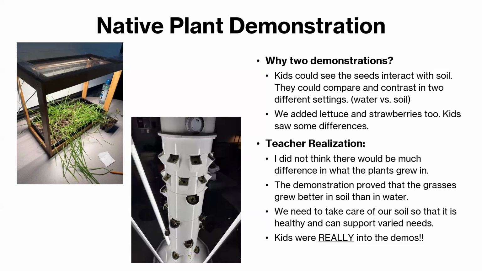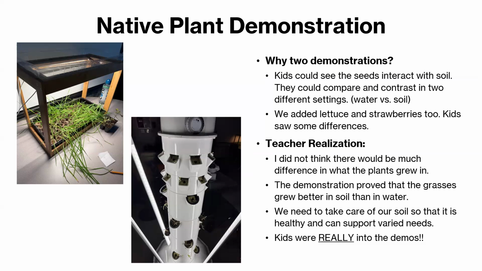We added things like lettuce and strawberries to the hydro garden so that they could see, as far as human consumption, how the hydro garden was good. And then for more animal consumption, we realized that the grasses that we planted really needed soil to grow properly.